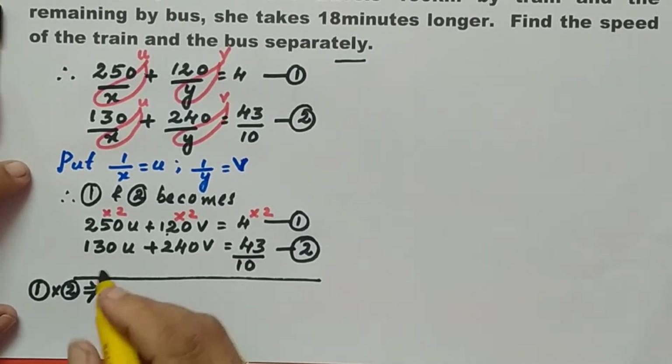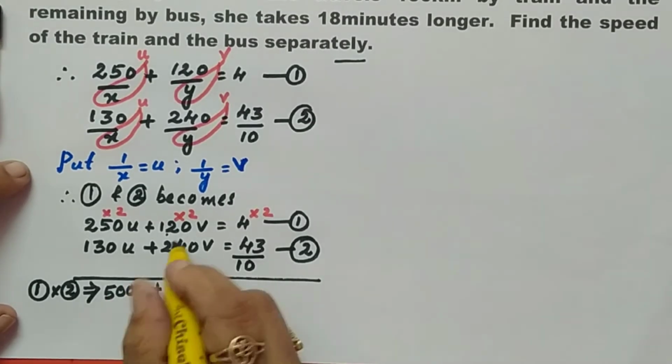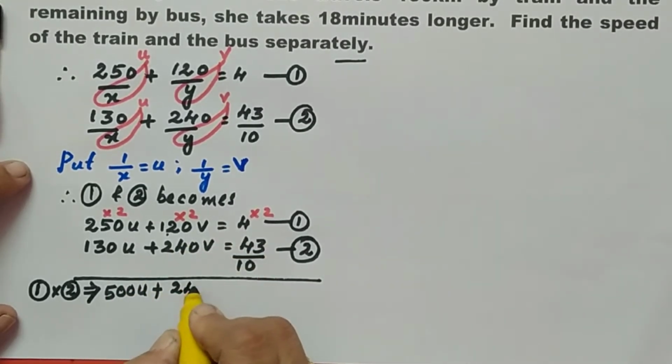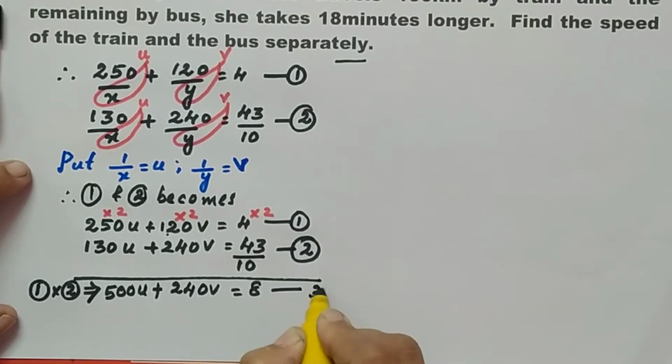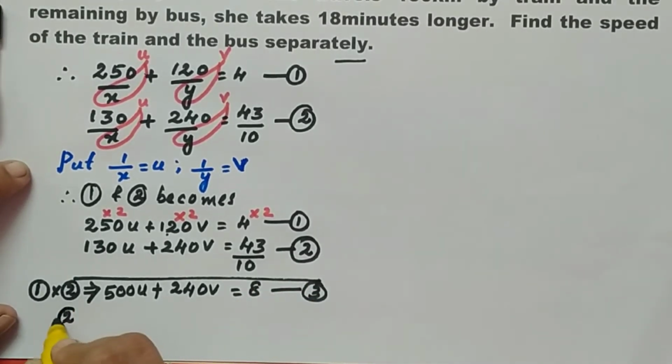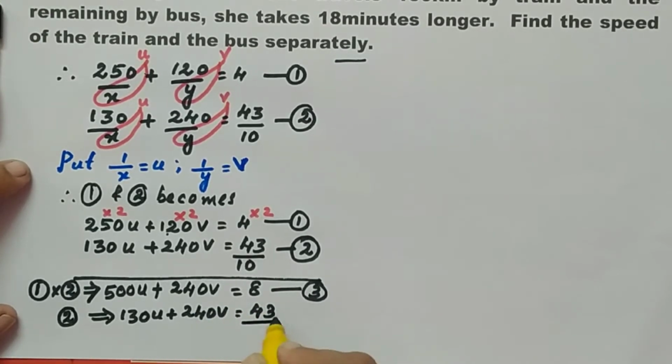So 250 into 2 is 500u plus 120 into 2 is 240v equals 4 into 2, 8. This is your equation number 3. The same equation 2 I am going to write here: 130u plus 240v equals 43 by 10.